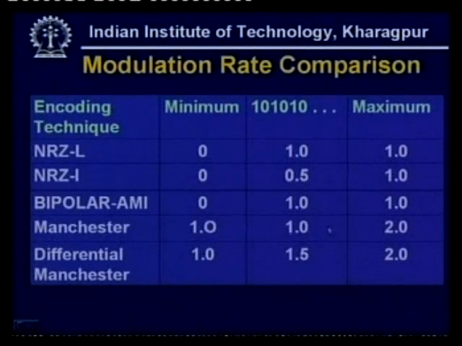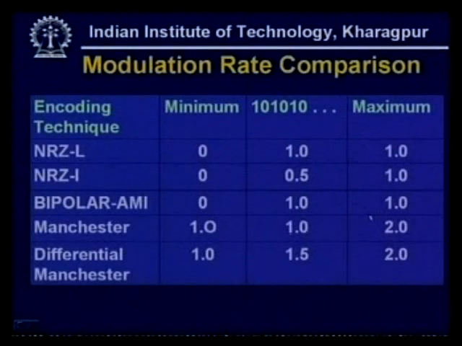As you can see here, from the viewpoint of modulation rate, bipolar AMI has good characteristics. On the other hand, Manchester and differential Manchester require a higher modulation rate compared to the other schemes, and as a result they are not very attractive from this viewpoint.